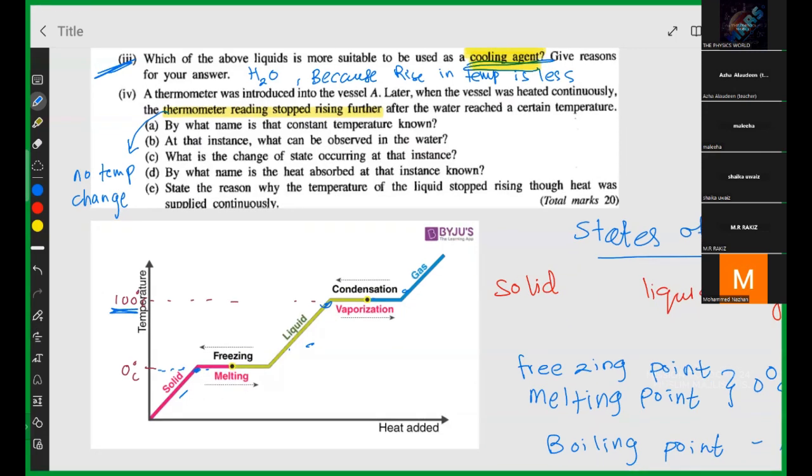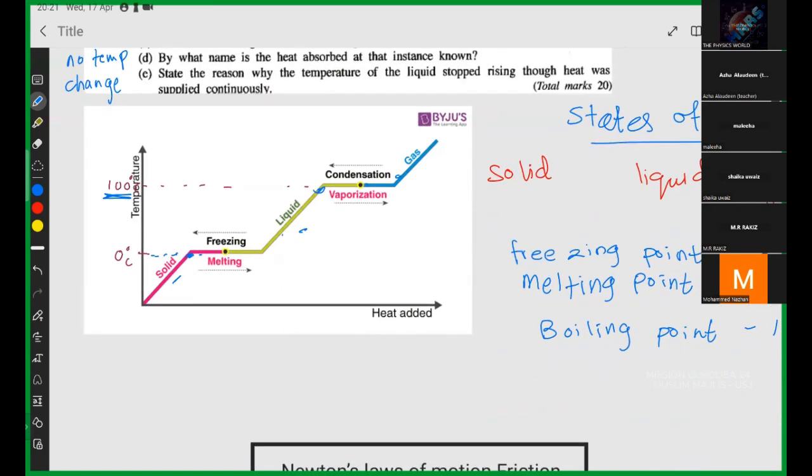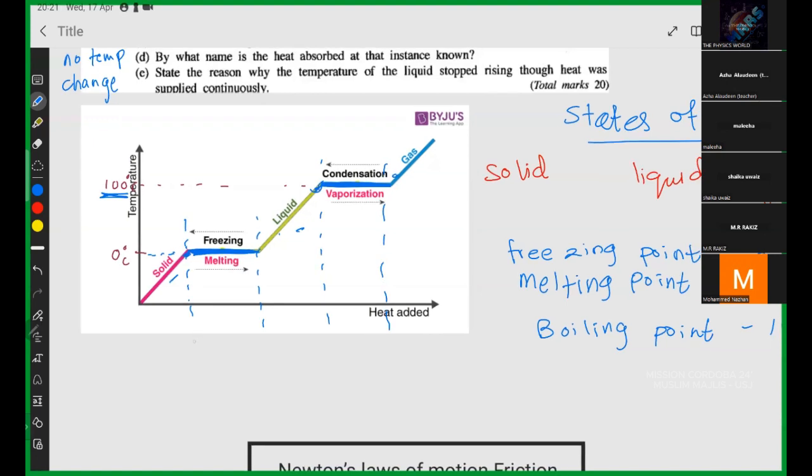Okay. Temperature is fixed. Can you see? This one, it is waiting at that same temperature. Here, it is also waiting at that same temperature. But heat is given. This much amount of heat is taken. But did the temperature change?